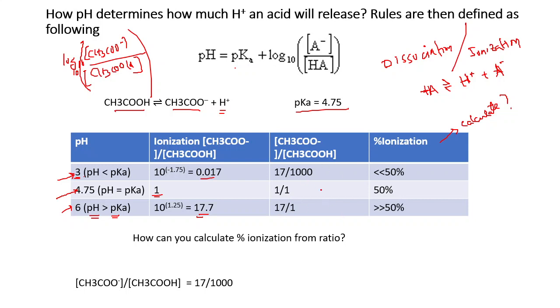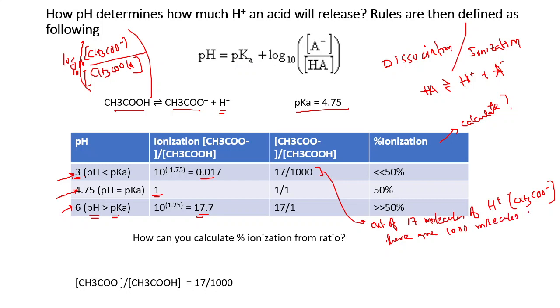Or you can interpret this as: for each 17 molecules of H plus, which is the same as CH3COO minus, there are 1000 molecules of CH3COOH, which is undissociated acid, meaning the acid is predominantly undissociated.